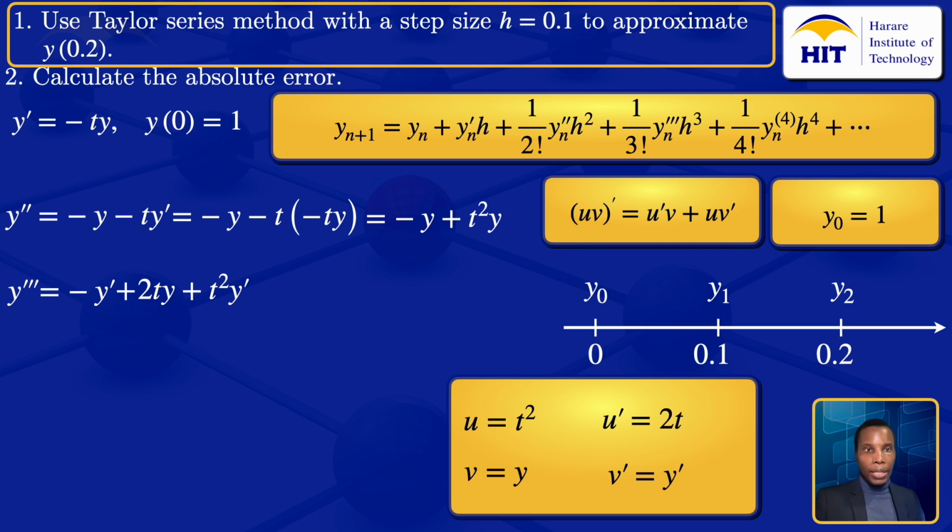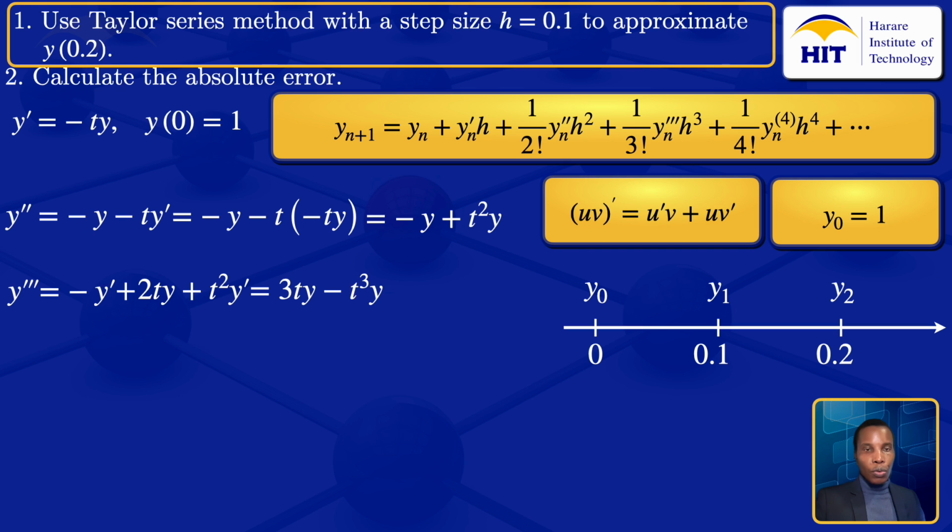So that's our third derivative, but we still have the y prime part here. We know that y prime is minus ty from the equation, so that simplifies to 3ty minus t cubed multiplied by y. So that's the third derivative. We now need to find the fourth derivative. For the fourth derivative, we differentiate this with respect to t.